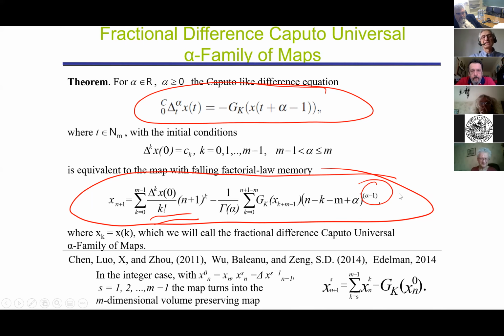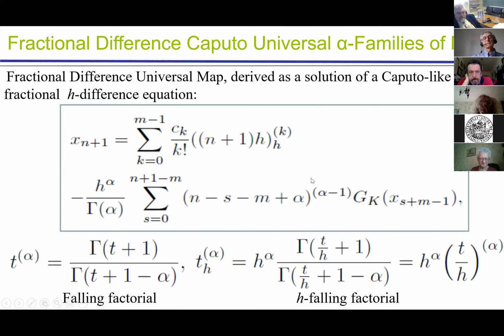Here you consider not the difference operator, but the H difference operator, which is an extension of delta X over delta H, not just delta X. And when you have this equation with an extension of this operator for any delta H, you then may obtain this map.